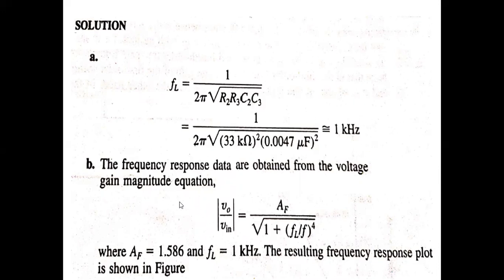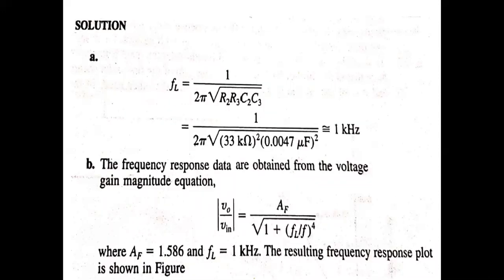Okay. Once again, the frequency response for the second order filter for the voltage gain magnitude is given by the equation AF divided by square root of 1 plus (FL divided by F) to the power 4. This way we can calculate the frequency response for our second order high pass filter.